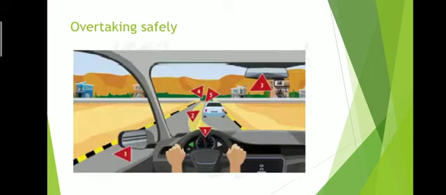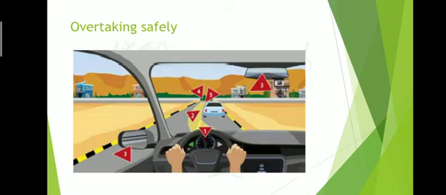How to overtake safely? In changing lanes, left or right, you remember we saw mirrors first. But in overtaking, the first thing is you give a signal. Second, you see that any space is there.